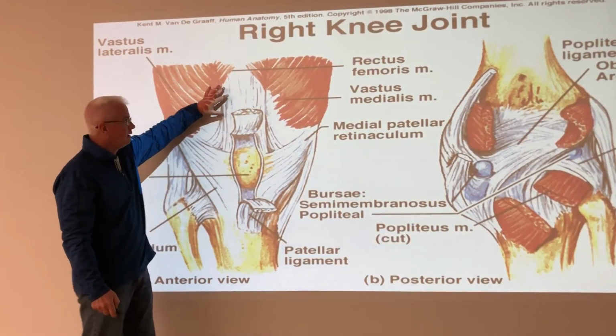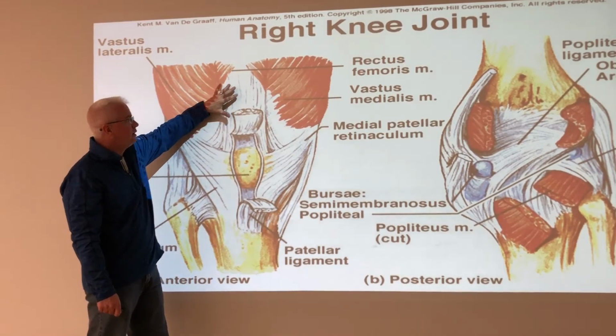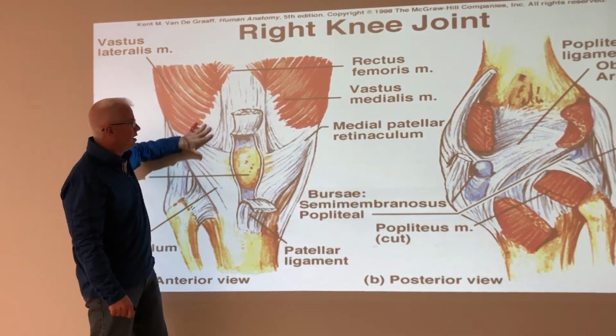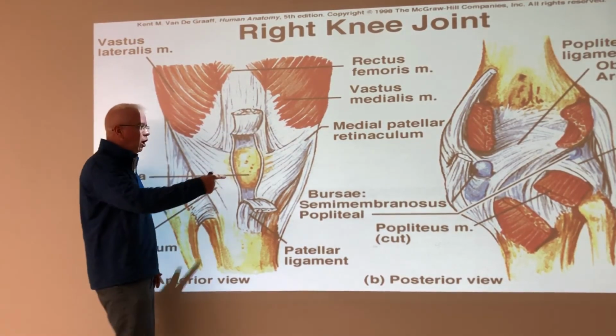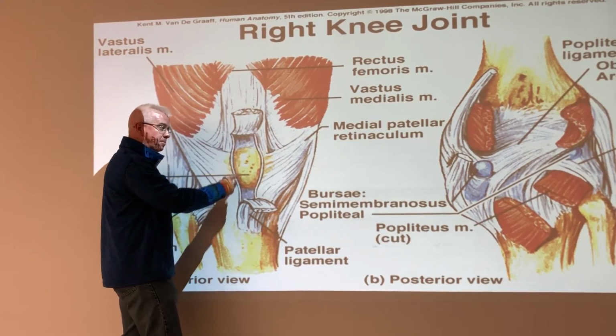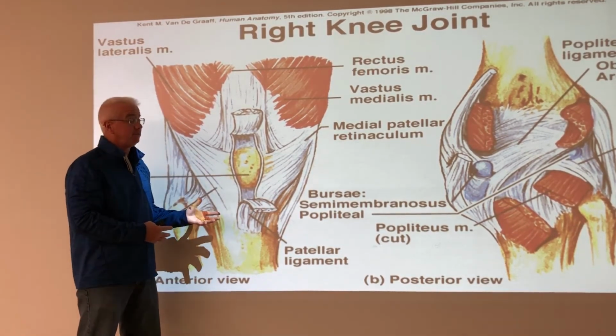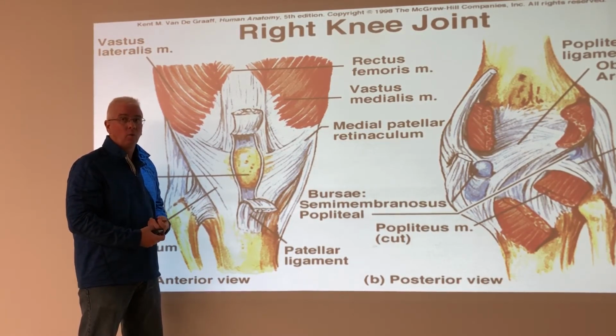Now, here's what I wanted to show you for the attachment. This is going to be important for our knee as we start the dissection. Notice that as the tendons of these four muscles reach the knee, they all appear to be fusing into the patella. Now, the patella itself does not articulate with any bones directly.